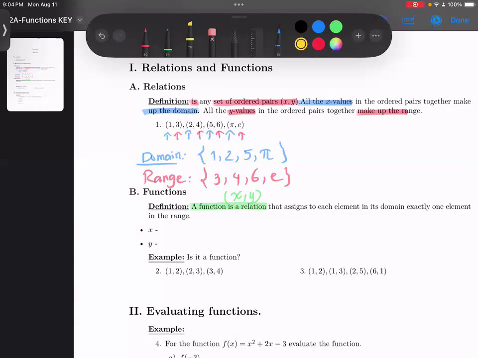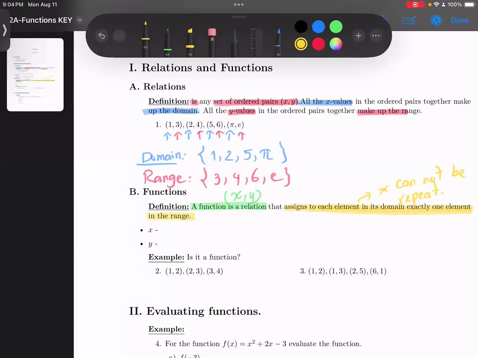What this sentence is saying is that x cannot be repeated. For every x, only one y. Now, y can be repeated. That's fine to have 2 or 3 y's. But x cannot be repeated.